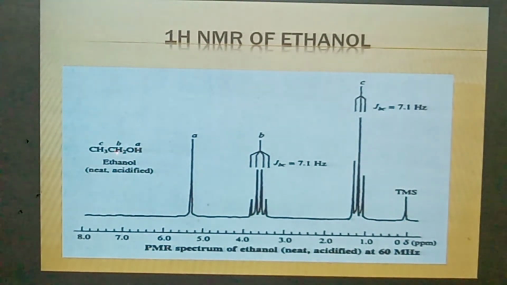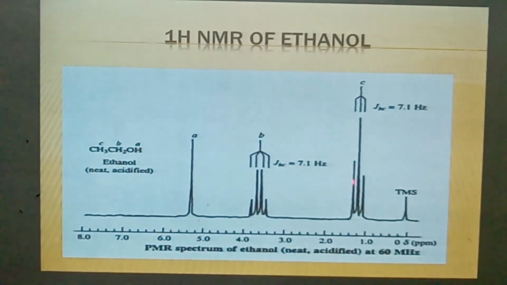For this CH2, we have 3 methyl group protons as neighbors, so 3 plus 1, and we get the CH2 peak in the form of a quartet. And for the methyl group, all 3 are equivalent, and the remaining 2 neighboring protons give 1 plus 2, which gives a triplet.